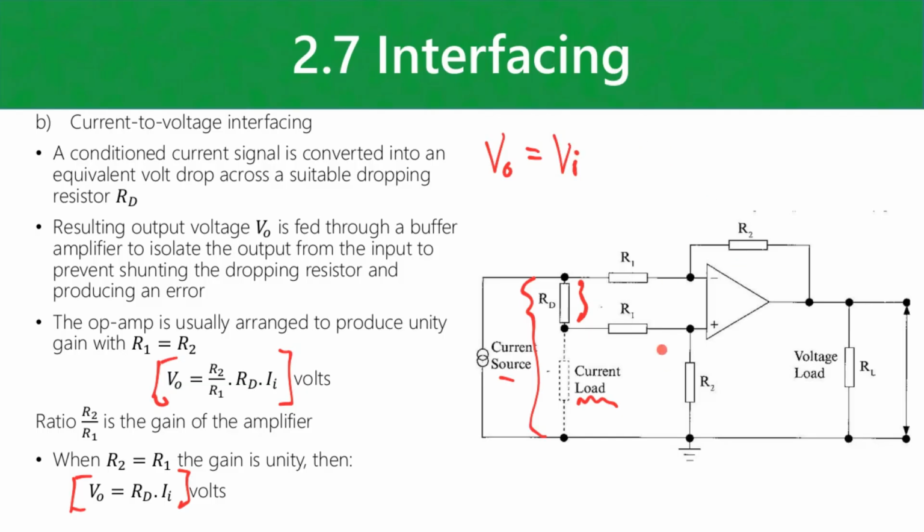Now, because this difference amplifier has the resistors mirrored essentially, you can just use an inverting amplifier's formula, but with a non-inverted output. So that will work. But V in at the same time is the same as your input current multiplied by your dropping resistance. So then you can just substitute this in there, and then you get that formula there.